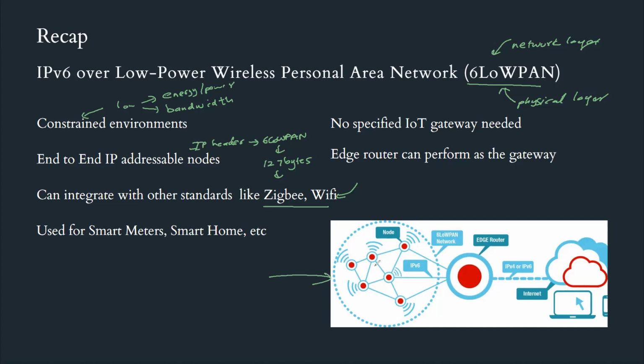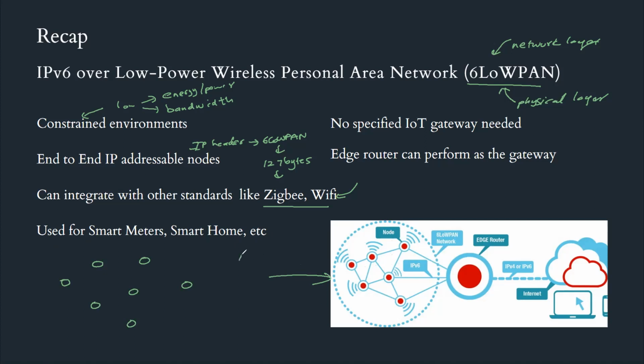So the 6LoWPAN protocol is applied for the network layer transmissions of the data from one device to another device. If I try to draw the same figure, we have multiple nodes which are trying to communicate with each other and which do not have a direct communication link with the main network infrastructure.